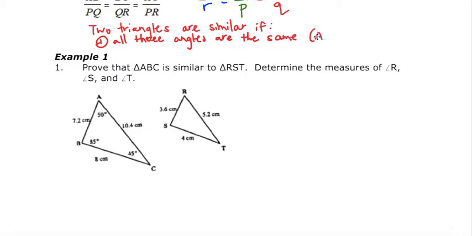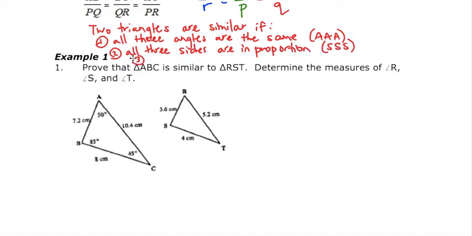And we call that AAA. Or all 3 sides are in proportion. And we call that side, side, side.